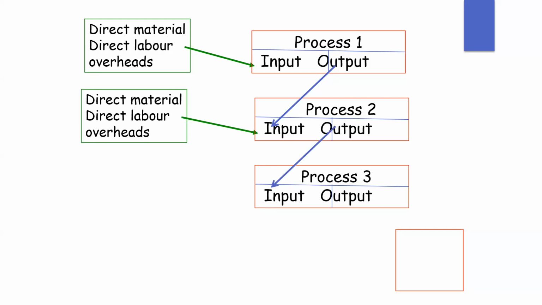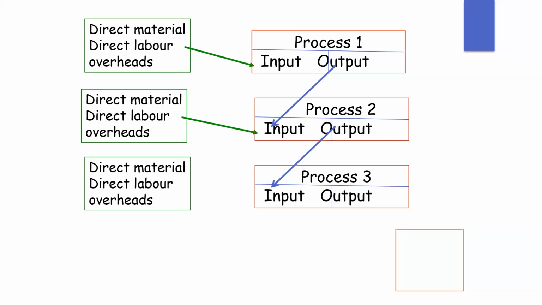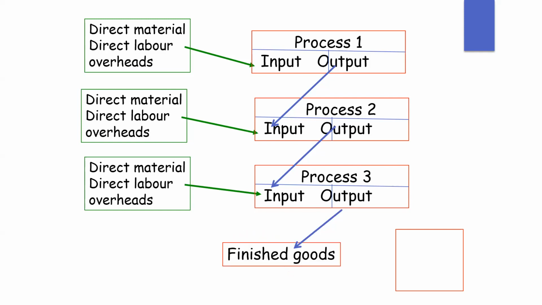Then we are going to put some additional direct materials, direct labor and overheads to fulfill the production in process 3. Then the output of process 3 we recognize as the finished goods. The cost of finished goods we are going to recognize as the cost of goods sold.